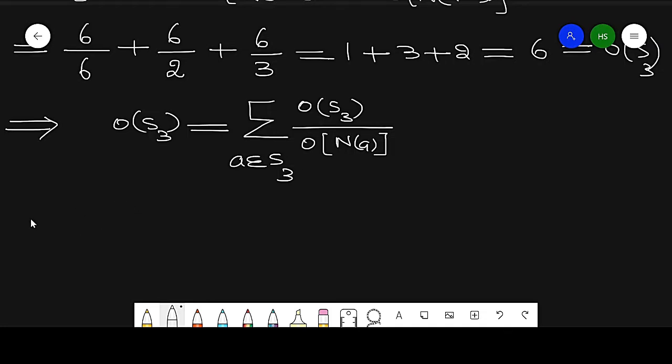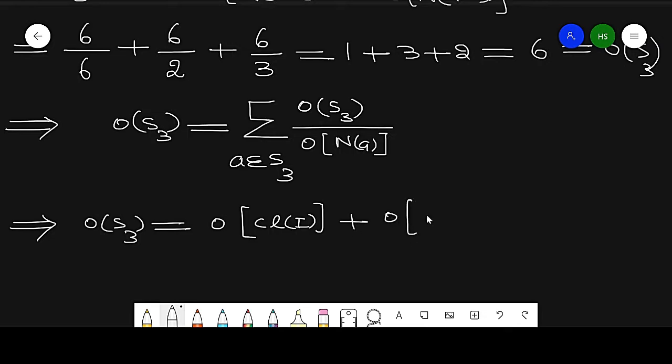We can also check by the class of A. So we have 3 classes. To verify the order of S3, take the class of the identity plus the class of (1 2) and the class of (1 2 3).